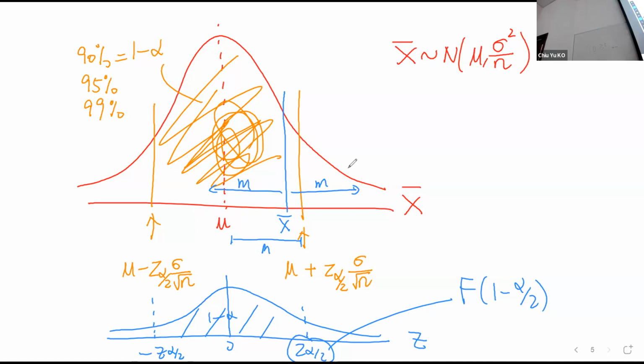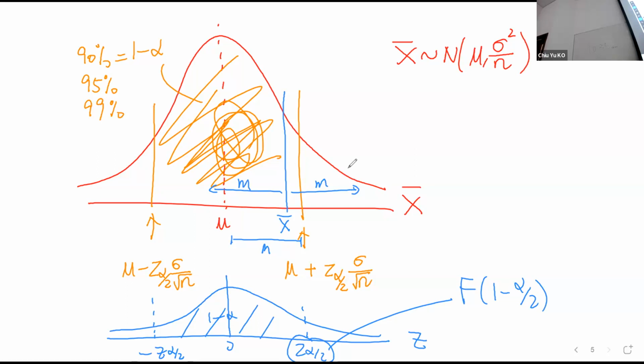Let me repeat the statement here. Mu, I don't know where it is, and from mu I extend the distance by M. I know the distance M because I know sigma. Hypothetically, I have extended this hand, and if X bar is actually within this range, and X bar extends its hands, you include mu, because I touch you and you touch me.